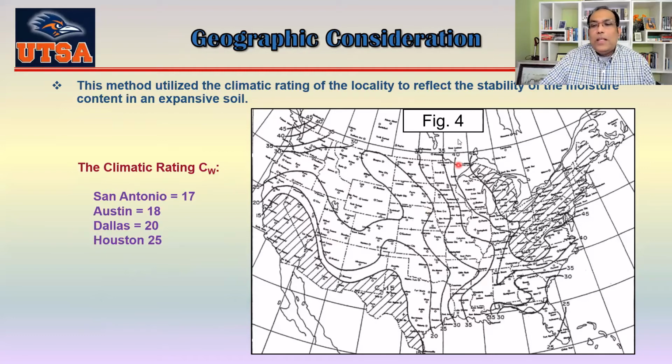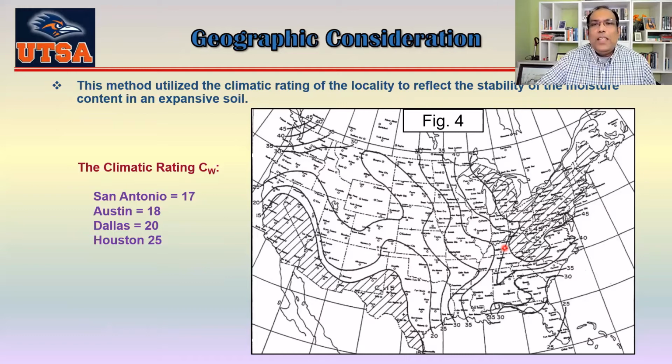Okay, so you can see this is the map of the United States. This one starts from 15 here. This is the 15 line here. This is the 20 line here. And it goes from 15 all the way to 45. So 15 is the worst case scenario, meaning it could go all the way to very wet, and at the same time, in the same year, it could go all the way to very dry.